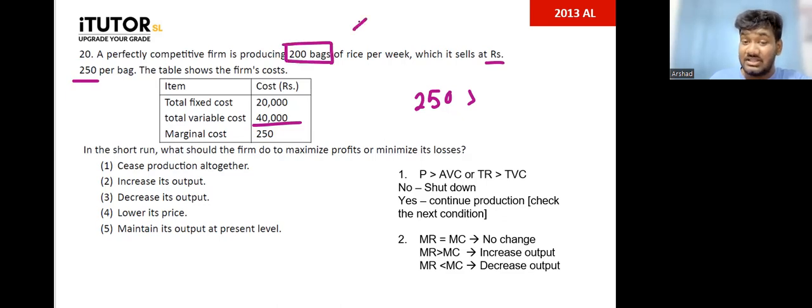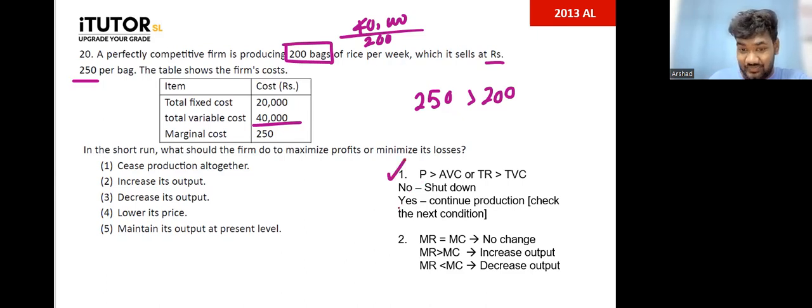So 40,000 divided by 200, how much is your average variable cost? Average variable cost is only 200. So is the first condition met? Is the price greater than average variable cost? Yes. Price is 250. Average variable cost is only 200. So the first condition is met.